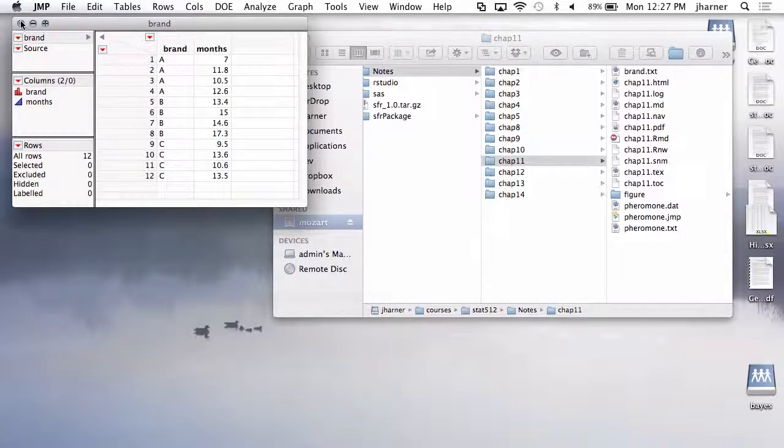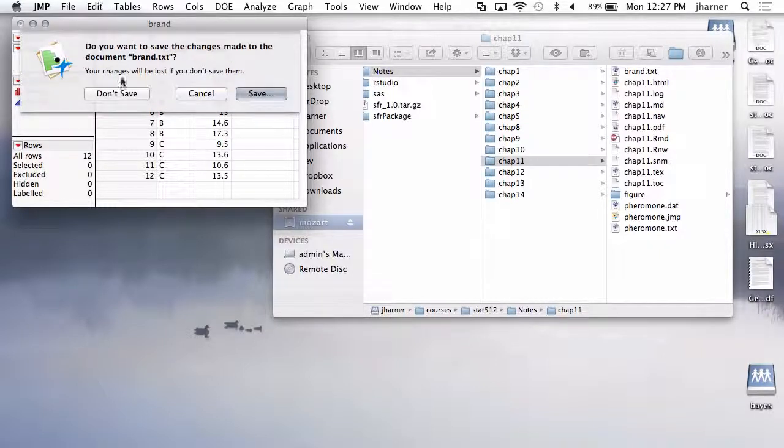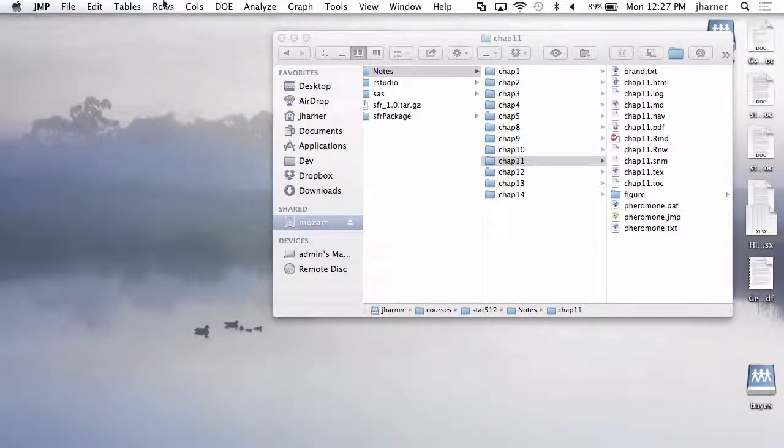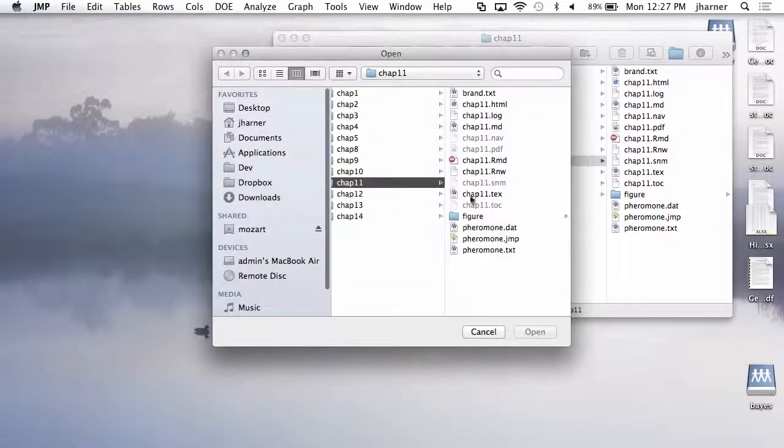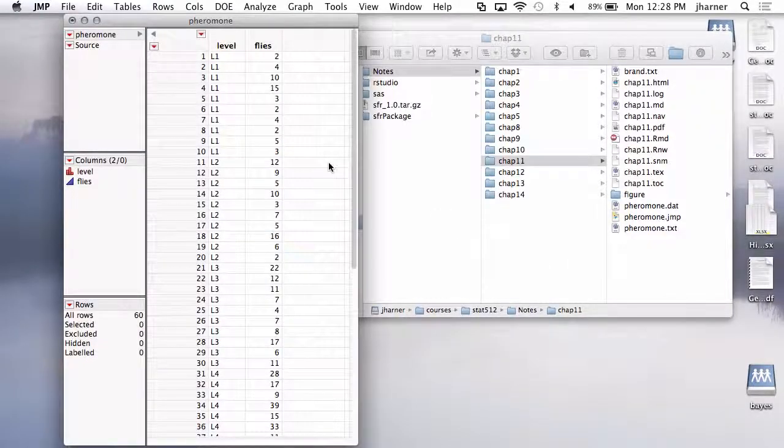Now, in JMP, how would you do this if I read in another data set? In this case, I have the level and I have the flies, and these are counts.